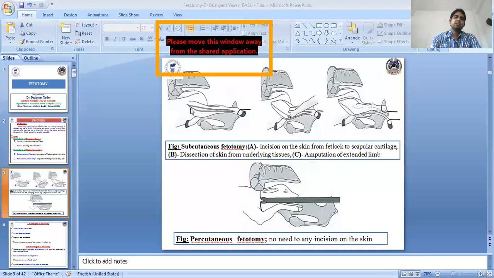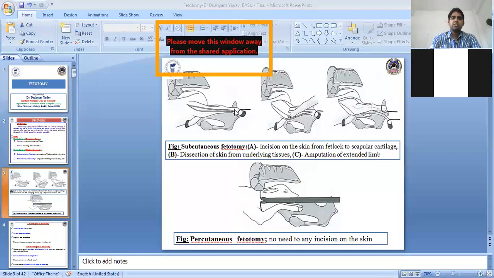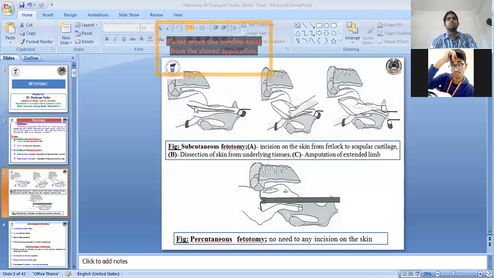Like in this figure, you see there is a skin incision, given on the surface of the skin from the shoulder joint up to the fetlock joint. Then we remove the skin and dissect the underlying tissue.